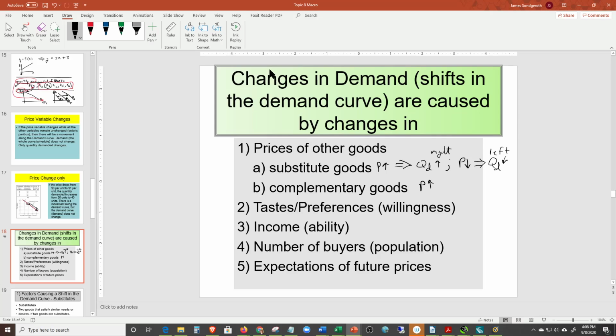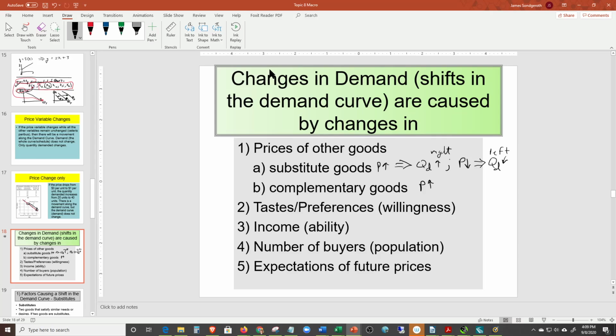So if the price of a complementary good goes up, and a complementary good is a good that is used with a good like gasoline and automobiles, maybe paper and printers, computers and software, cereal and milk, bread and butter, tennis balls and tennis rackets, I think that may be an example in the textbook if I remember.